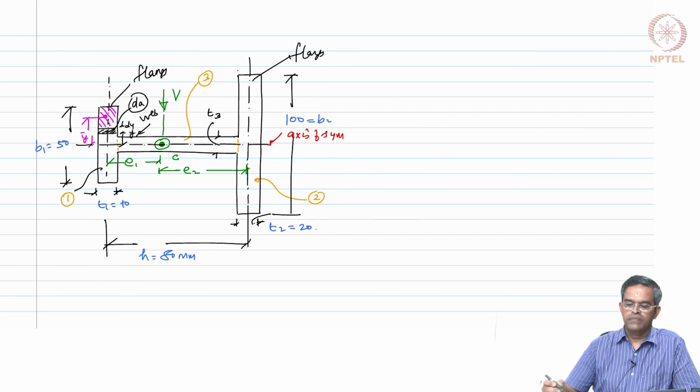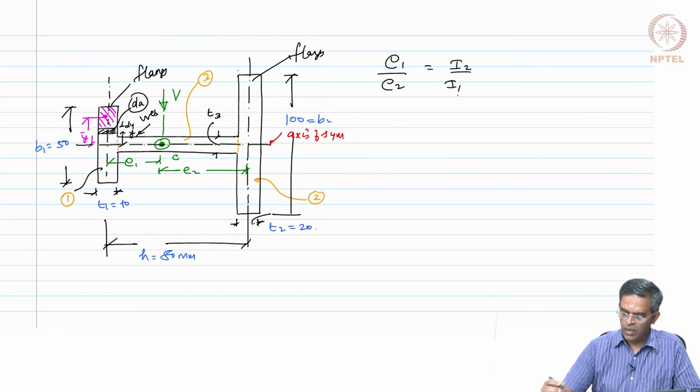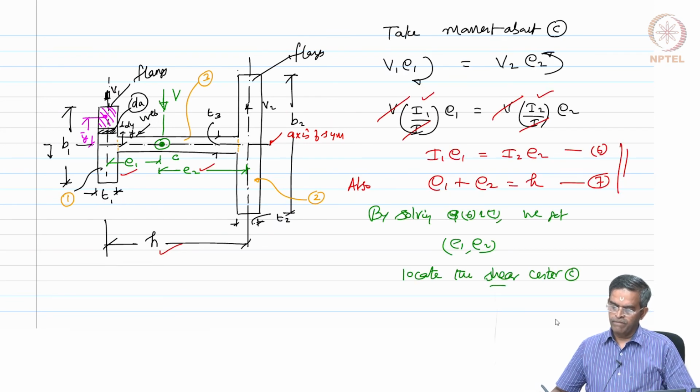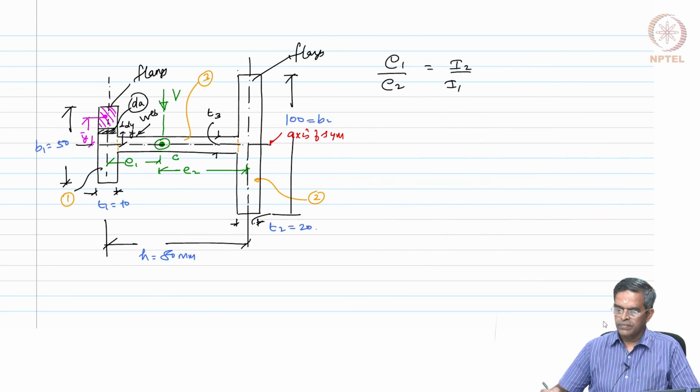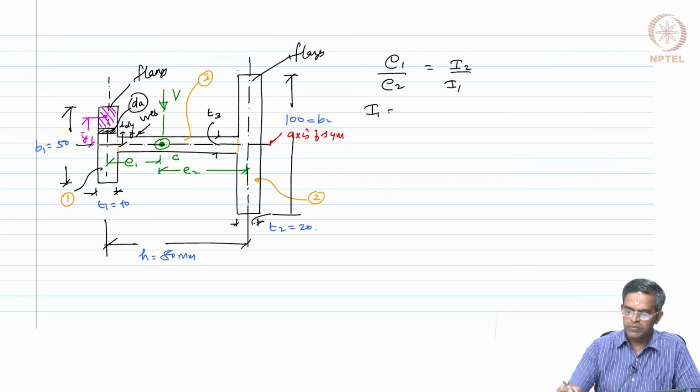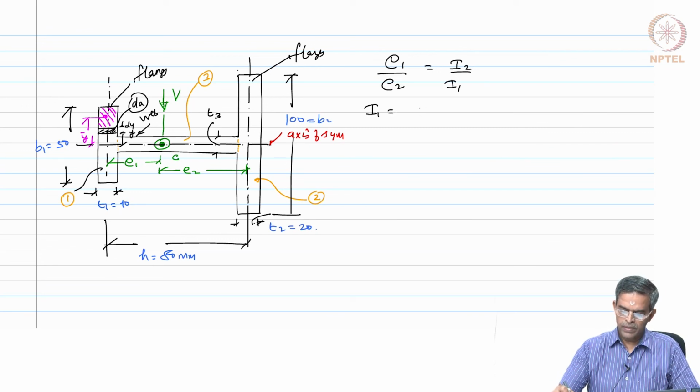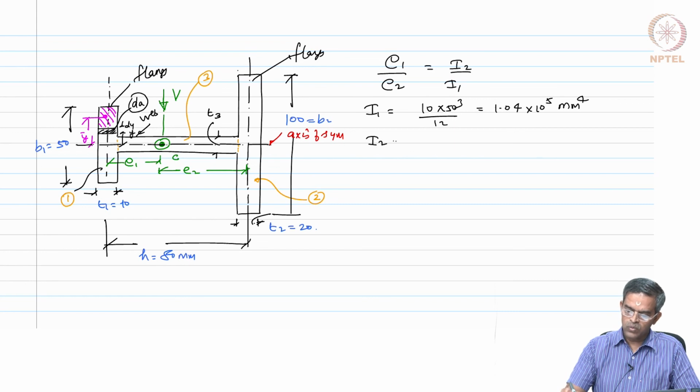So, we have an equation E1 by E2 is I2 by I1. Can I have this equation here? E1 by E2 is I2 by I1, right, from this. Okay. So, let us compute I1 for this problem, which is going to be 10 into 50 cube by 12, which is 1.04 10 power 5. Let us compute I2.